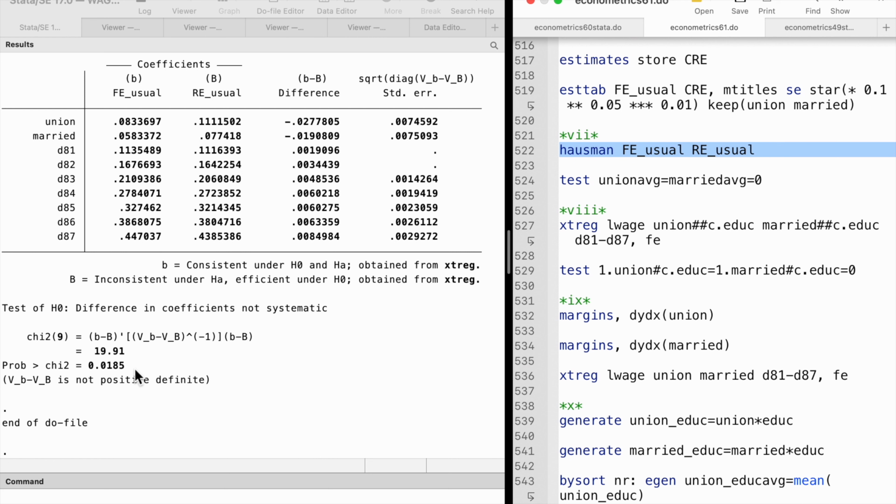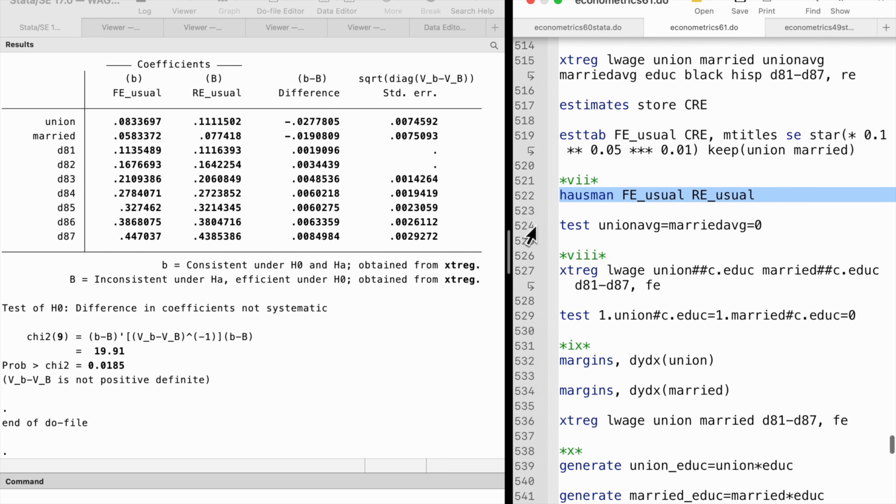In other words, the estimates are different because the unobserved individual common factors affect wages and correlate with the explanatory variables in the model. Under the circumstances, we prefer the fixed effects estimation method.